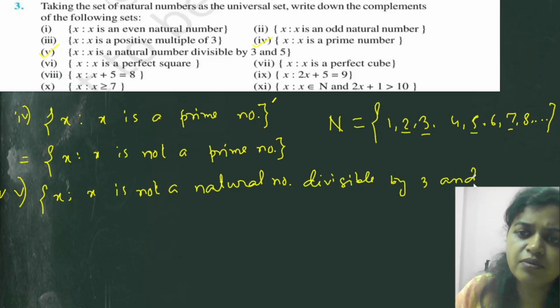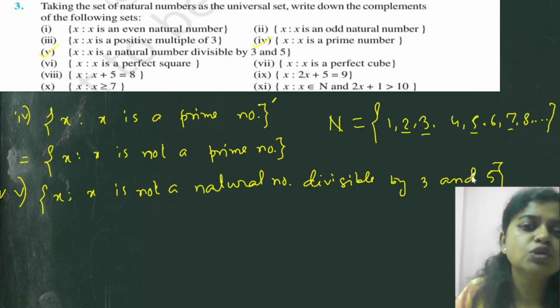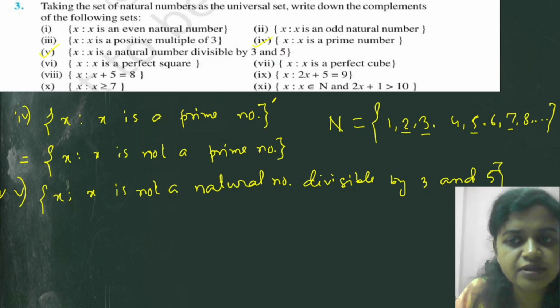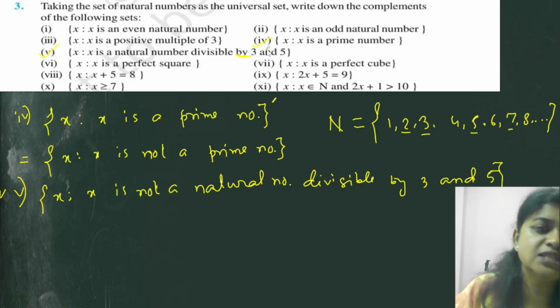Means we'll take the elements which are not divisible by 3 and 5. It can be divisible by 4, 2, 6, but it should not be divisible by 3 and 5. These kinds of elements belong to the complement of this set.